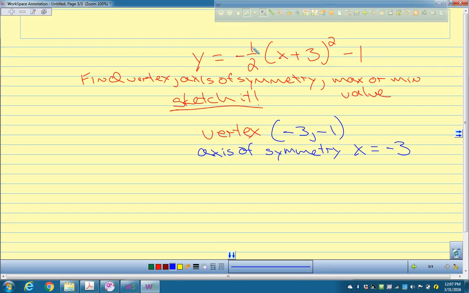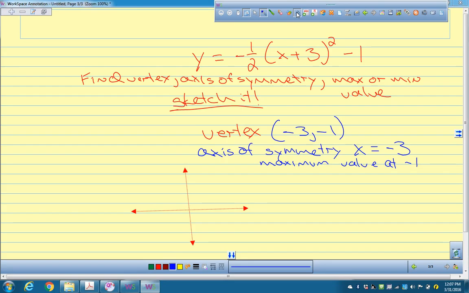Is it going to have a minimum value or a maximum value? It's going to have a maximum value, because it's upside down, right? Maximum value at -1.